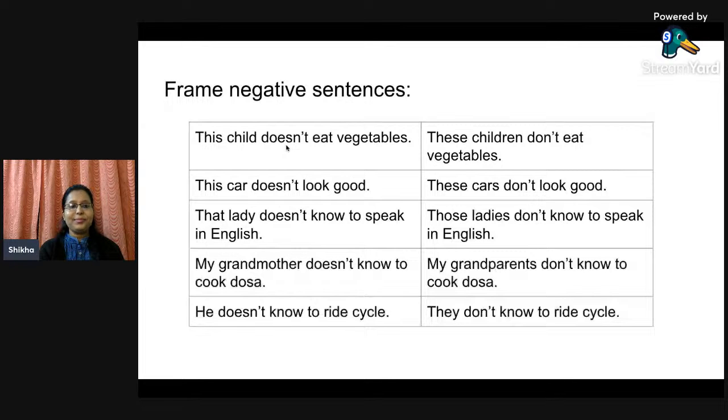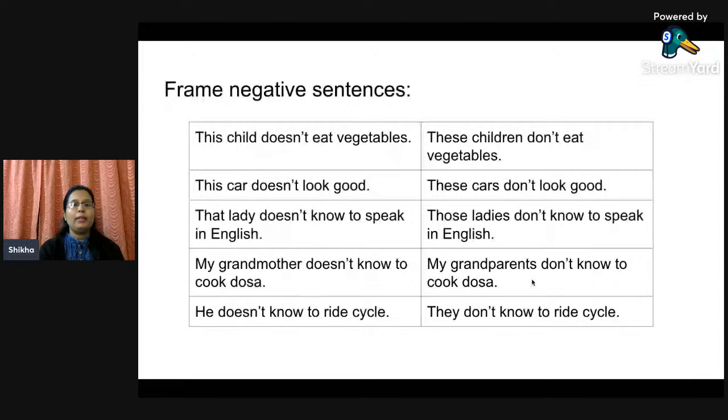This car doesn't look good. These cars don't look good. That lady doesn't know to speak in English. Those ladies don't know to speak in English. My grandmother doesn't know to cook dosa. My grandparents don't know to cook dosa.